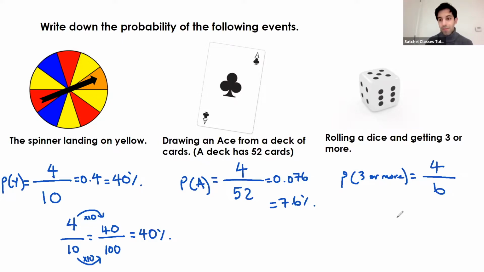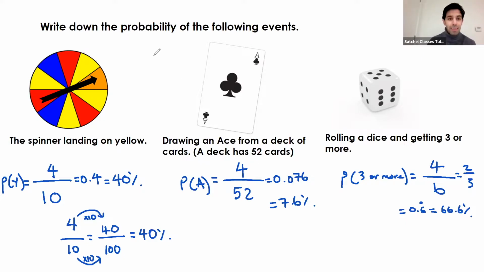So that's going to be 4 over 6, which simplifies to 2/3, and 2/3 is equivalent to 0.6 recurring. So rather than writing 0.66, I'm just going to write 0.6 recurring, which is equivalent to 66.6%.